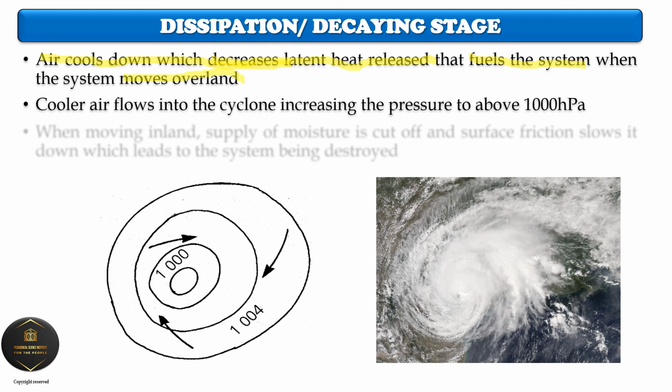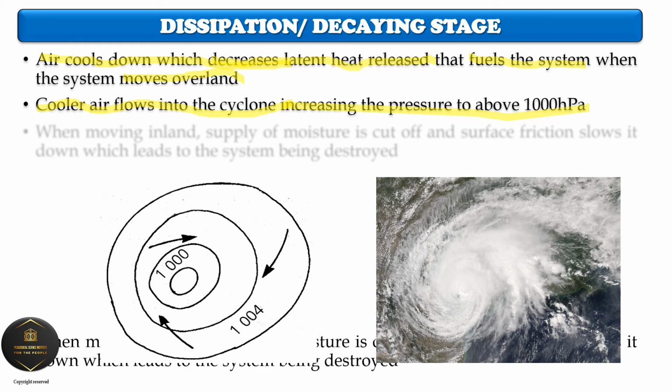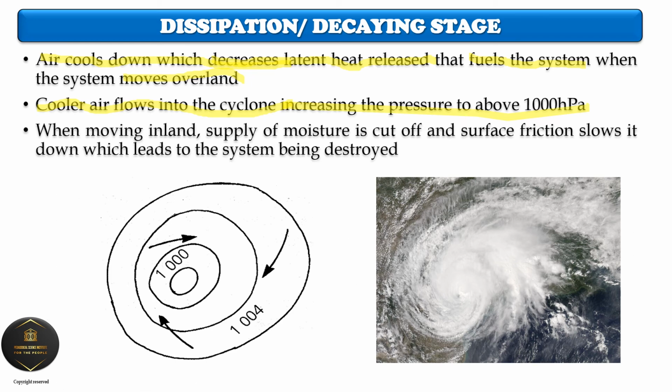So now we are going to have cooler air flowing into the cyclone. And remember, when we have cooler air or colder air, the pressure will increase to above 1000 hectopascals. And as a result of that, the system will get destroyed. So when the system gets destroyed, it is no longer a tropical cyclone, right? It's becoming an anticyclone because pressure is increasing.